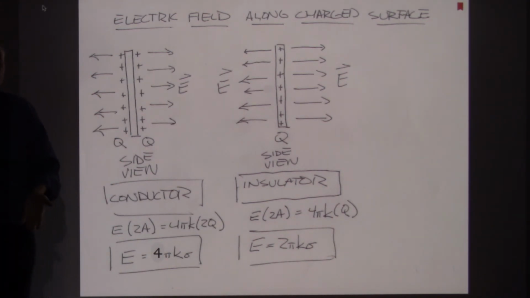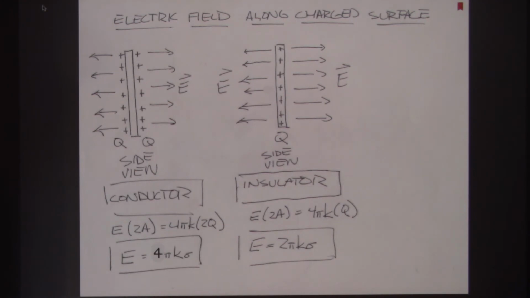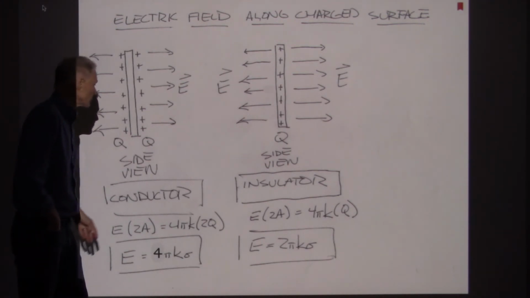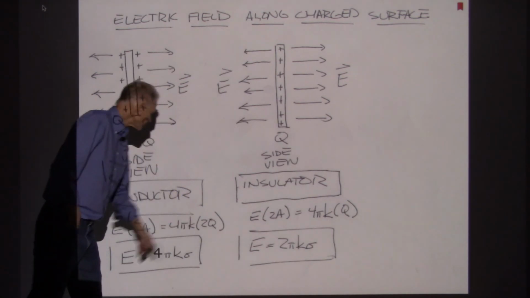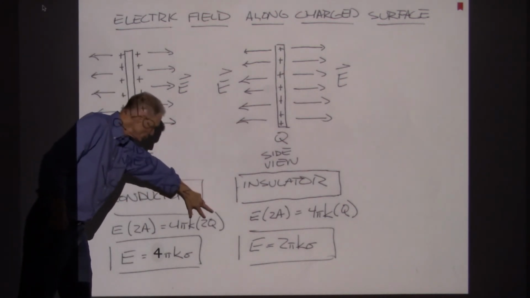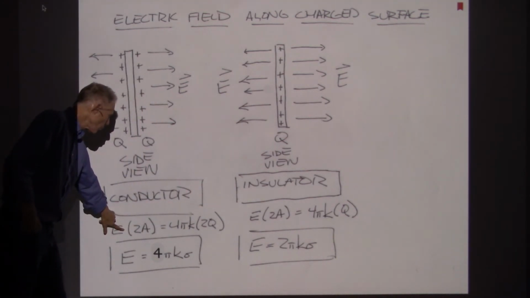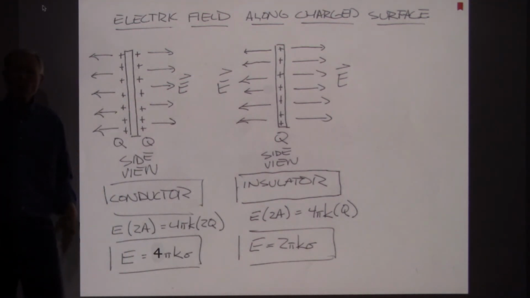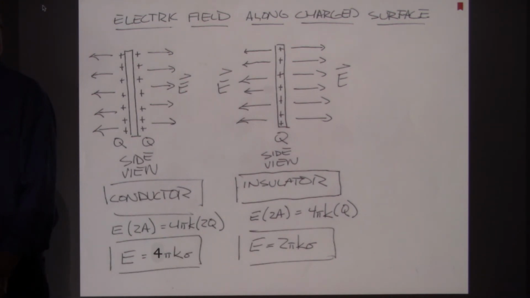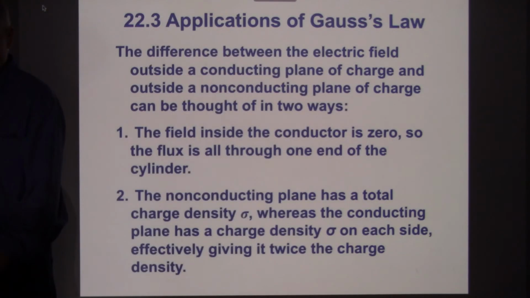So if I'm talking about how much charge there is on the surface of a conductor, there's twice as much. I'm including two surfaces there. So for the conductor, I've got twice as much charge. To send the electric field off in both directions, it takes two sets of charge rather than just one, and that leaves me with a factor of 4. So it's just kind of a convention as to how we deal with electric fields from insulators and how we deal with electric fields from conductors. And that's really what it comes down to.